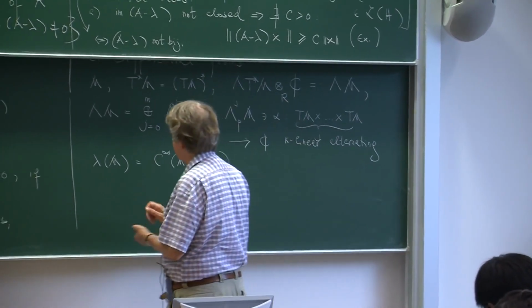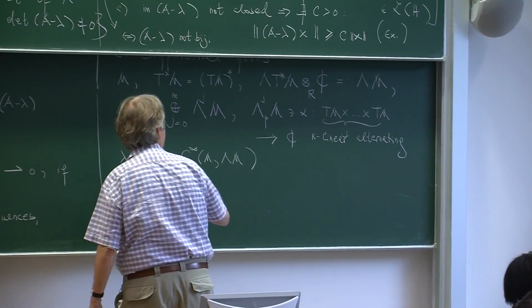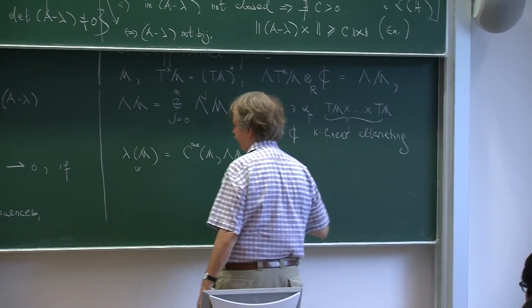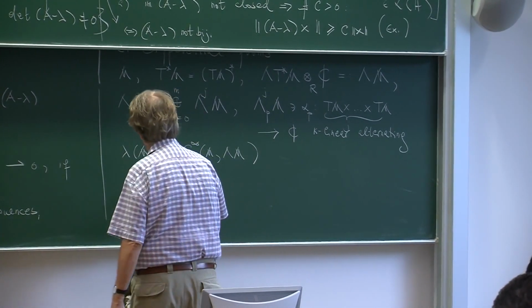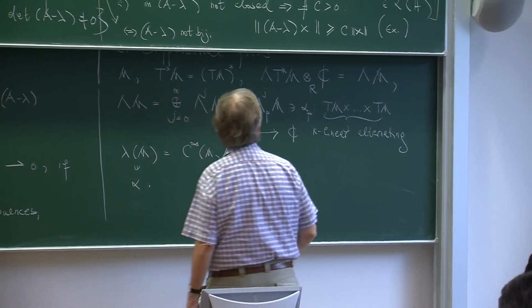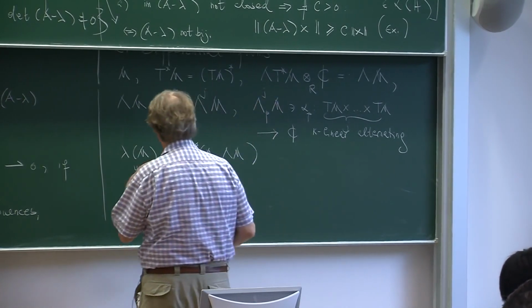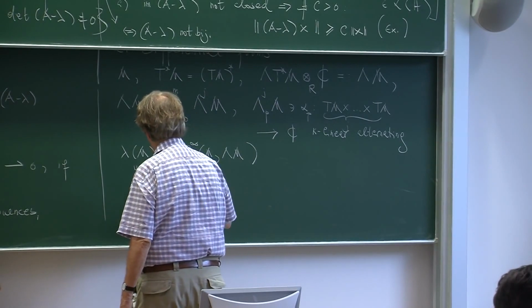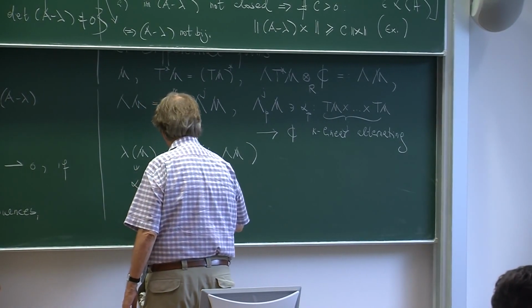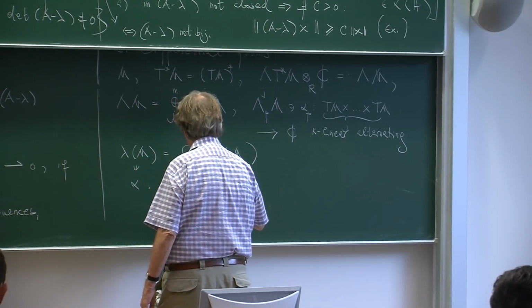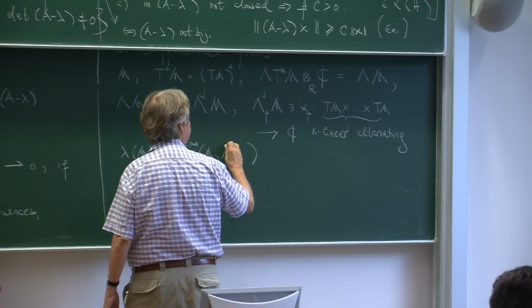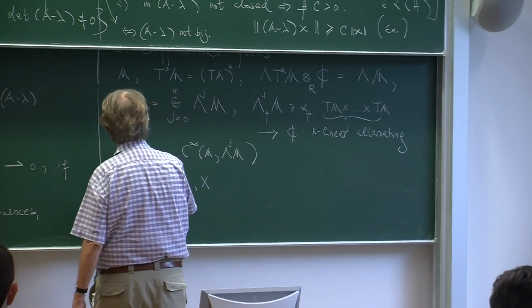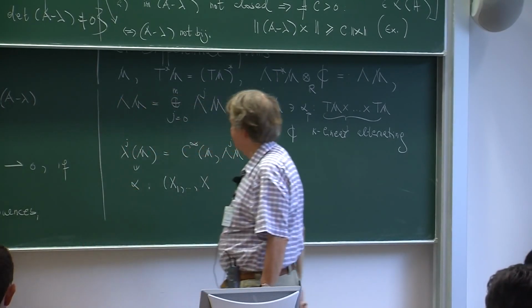So what are these? If I take an element, maybe I call this alpha, an element alpha here, I put again the j here, because otherwise it's a little complicated.